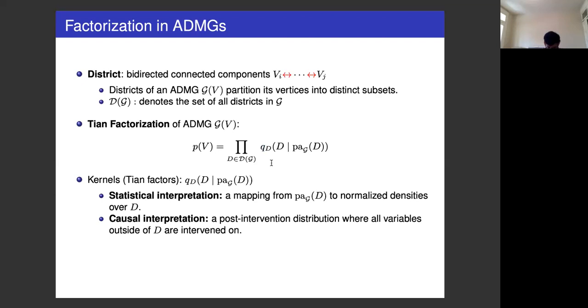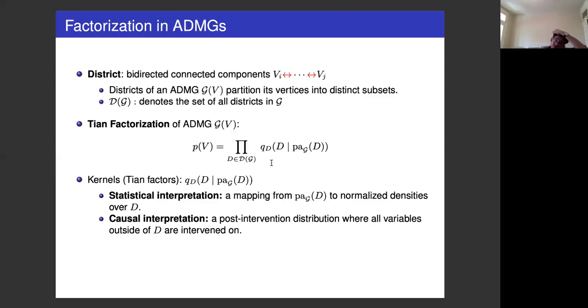The statistical interpretation of these factors is that they map the values of the parents of the district to normalized densities over the variables in the district. With this, we can treat them as a regular conditional distribution and apply all the probabilistic operations like marginalization, chain rule, and all of those.